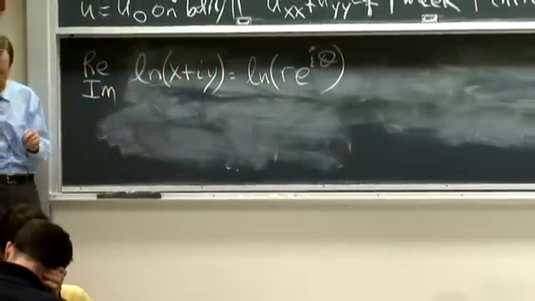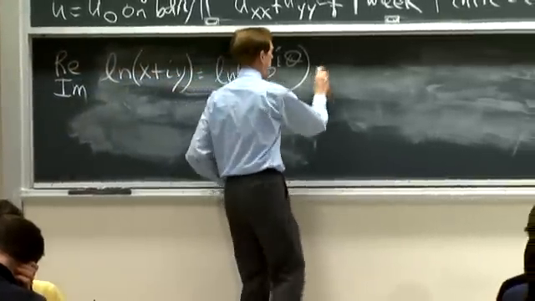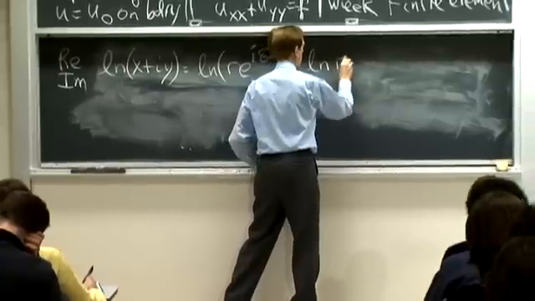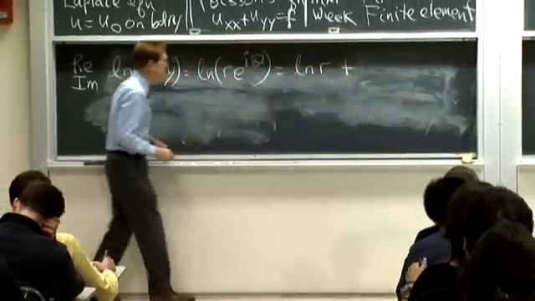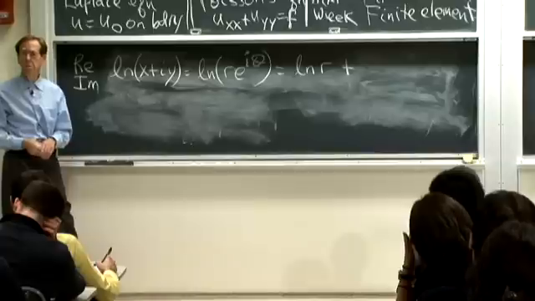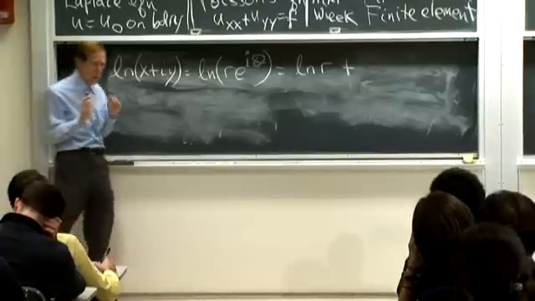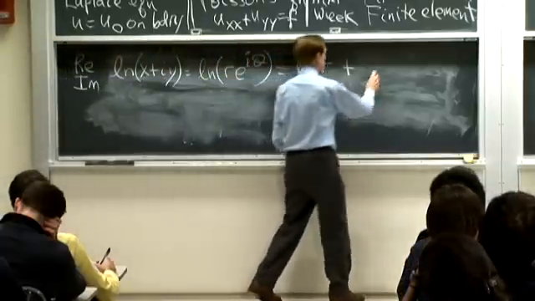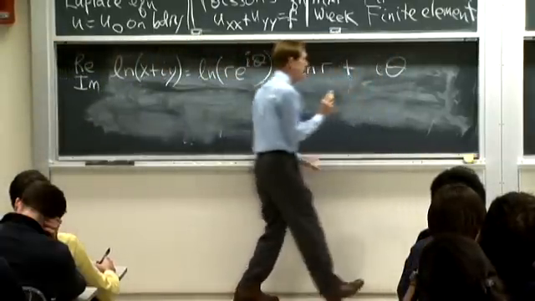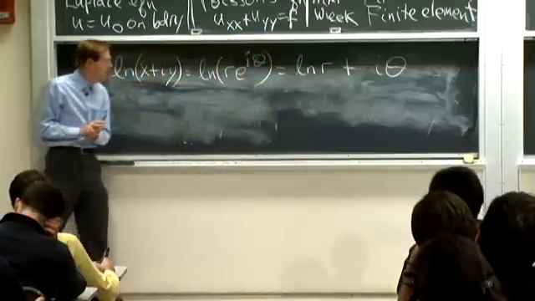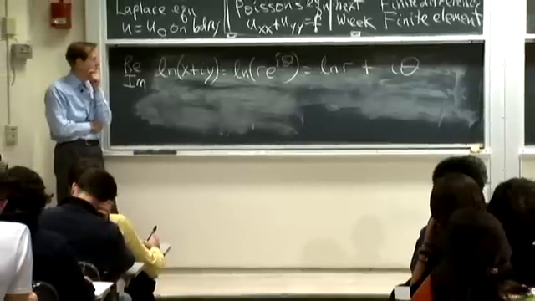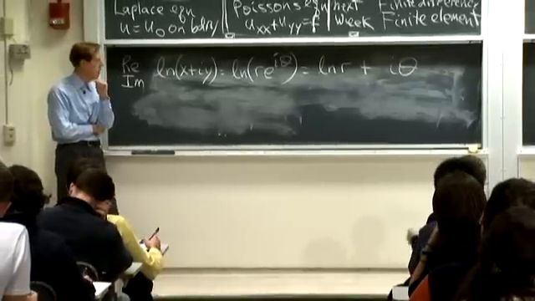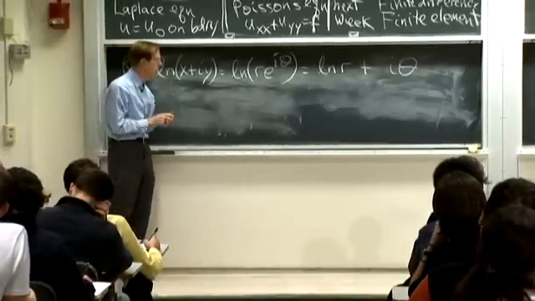The sum of the two pieces. So I have log r. And the log of e to the i theta, which is i theta. Boy, look, this is fantastic. Fantastic, except at 0. Yeah, I mean, it's fantastic, but it's got a big problem at 0. But it's an extremely important example.